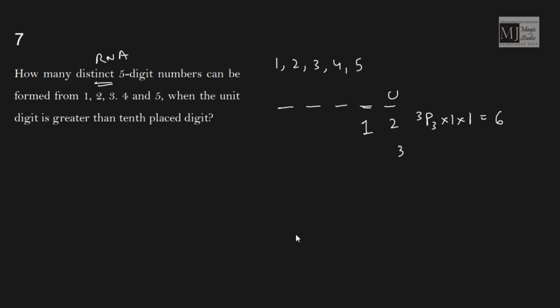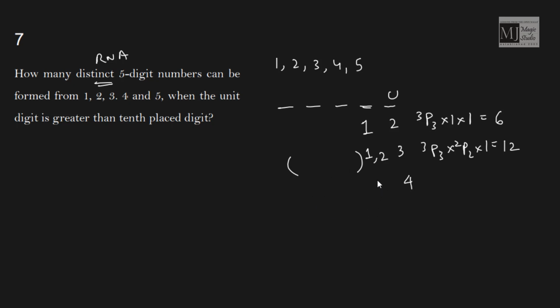Now if I have 3 in the unit place, I can have 1 or 2 in the 10th place, and these 3 places are free again. So this would be 3P3 into 2P1 into 1. So that would be 6 into 2, 12.